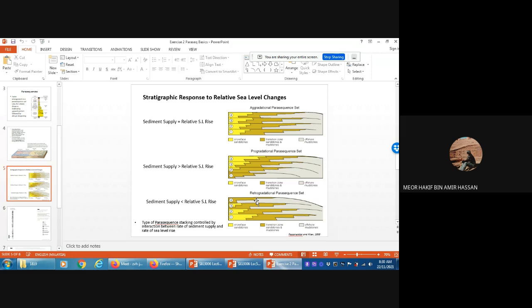Now, I need to emphasize this, yeah. These parasequences are only identified on the shelf. Okay, so in deep marine settings, you don't get these nice shallowing upward sedimentary packages. So remember that.